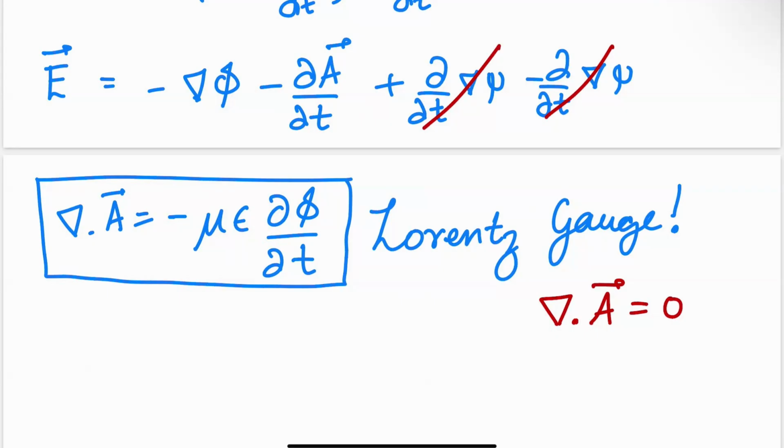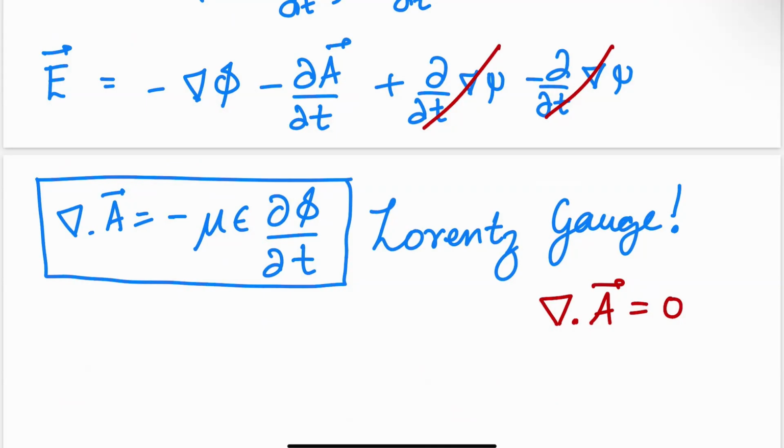But in certain problems, it makes sense to deal with waves rather than Poisson, because in the Poisson equation it's very easy to see that you don't get a causal system. Any impulse gives an immediate change in the potentials everywhere else. So in electrostatic or quasi-static problems, it makes sense to use the Coulomb gauge. But in propagation problems that we deal with in this class, the Lorentz gauge is more relevant.